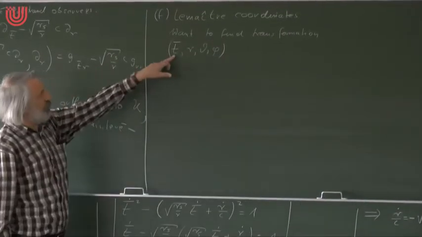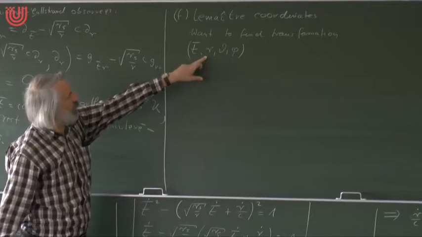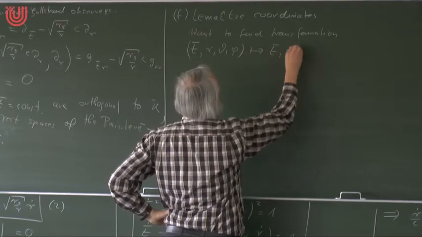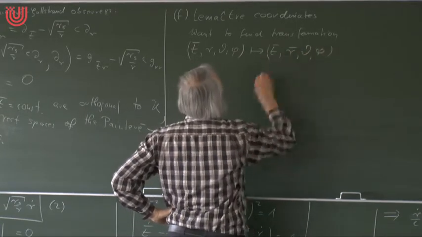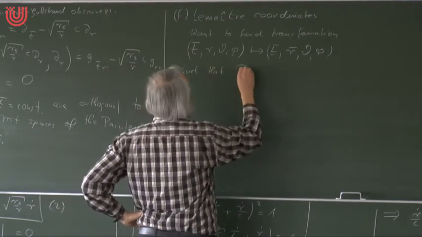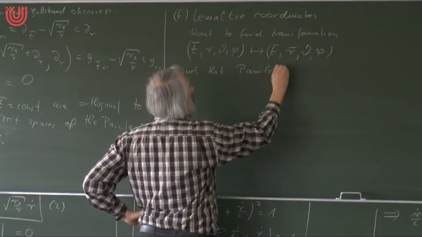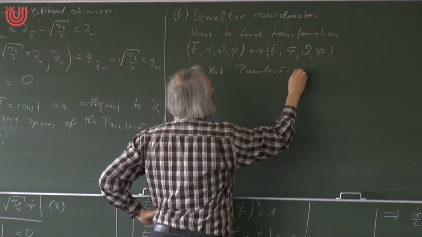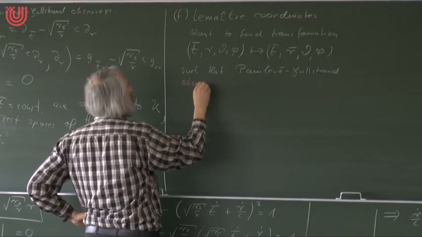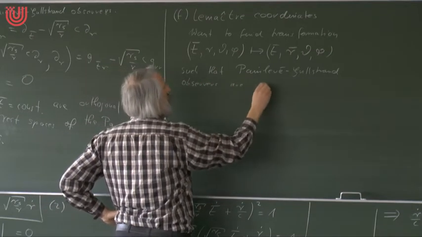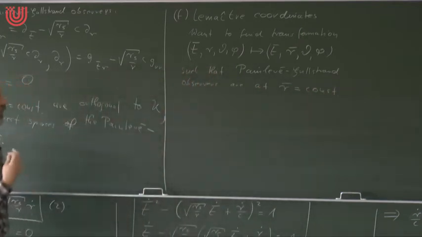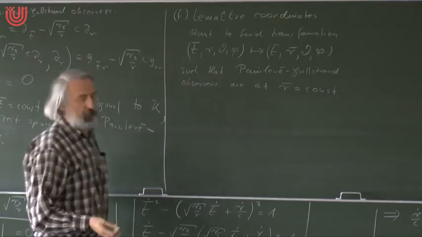And we leave the T bar, we leave our proper time parameter as it was, but we transform the R. So we now introduce T bar, R bar, theta, phi, such that our Painlevé-Gullstrand observers are at R bar equal constant. So the coordinate R bar should label the Painlevé-Gullstrand observers.